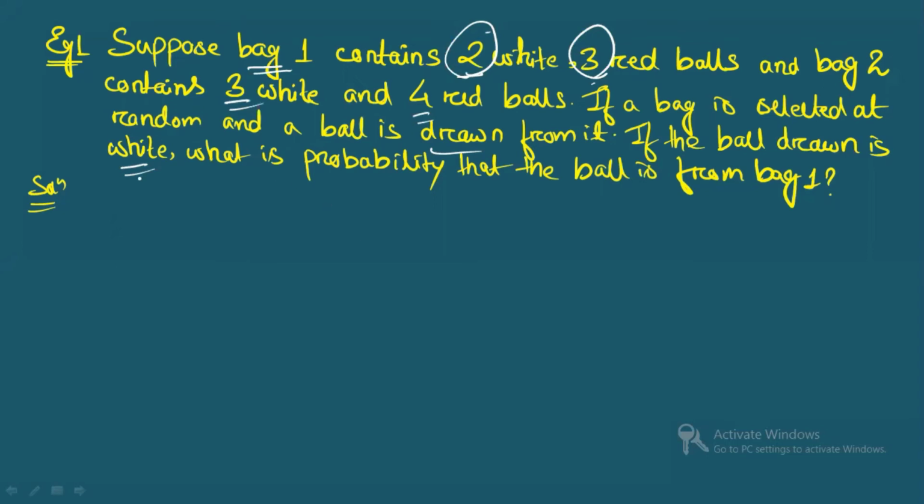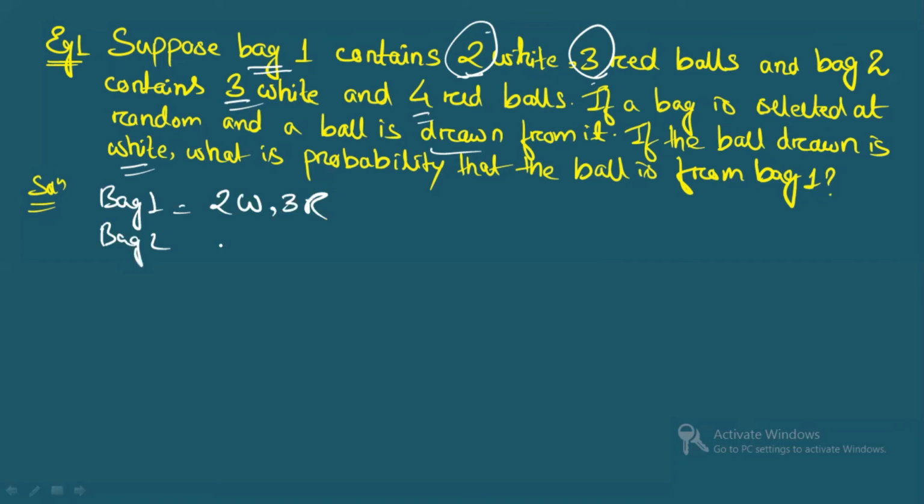That means here A will be what? The ball drawn is white, right? So this is the event that has already occurred. And you are asked to calculate the probability that it is from bag 1. All right. So bag 1 has 2 white and 3 red balls.